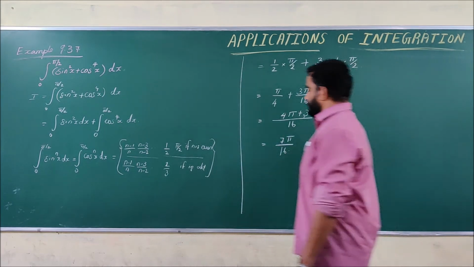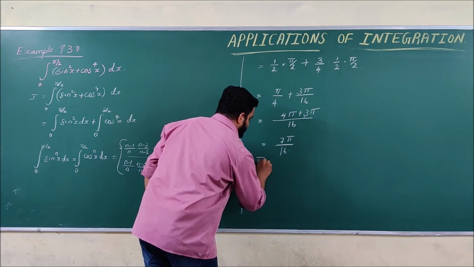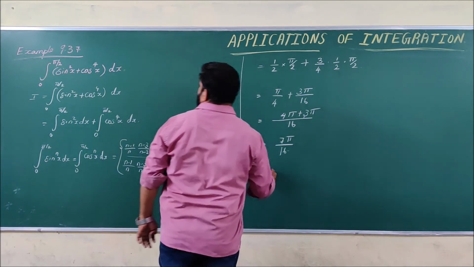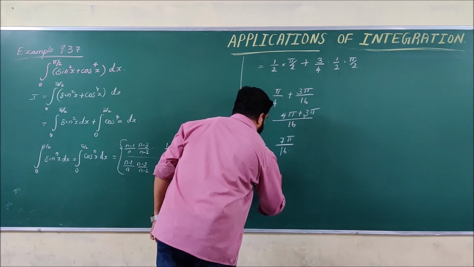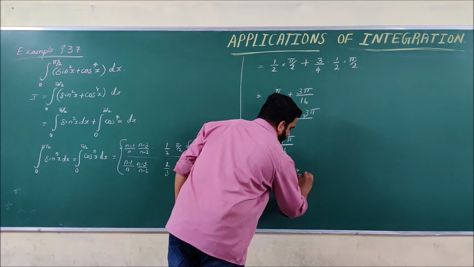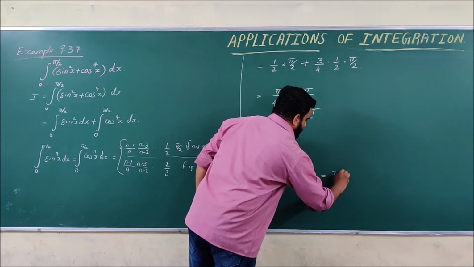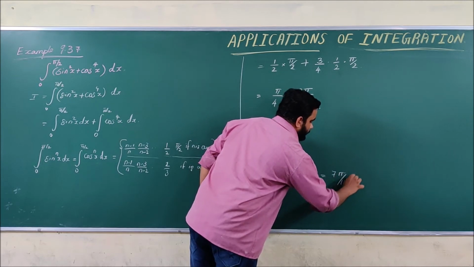So the solution is the integral from 0 to pi by 2 of (sin square x plus cos power 4 x) dx is equal to 7 pi by 16.